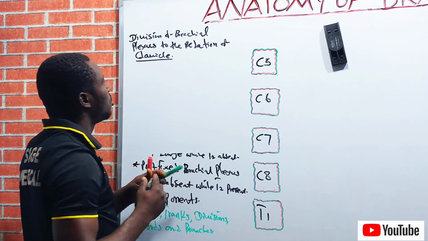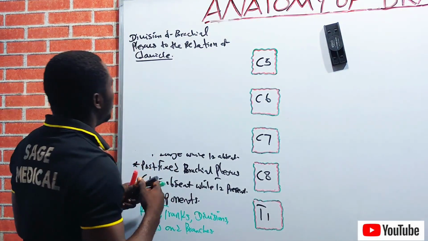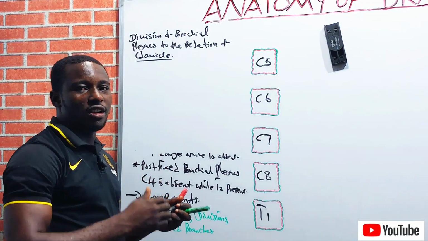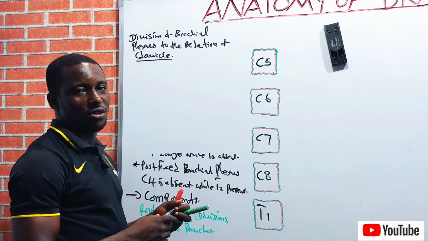The brachial plexus is divided according to how it lies in relation to the clavicle.